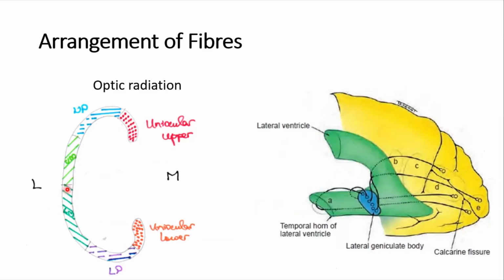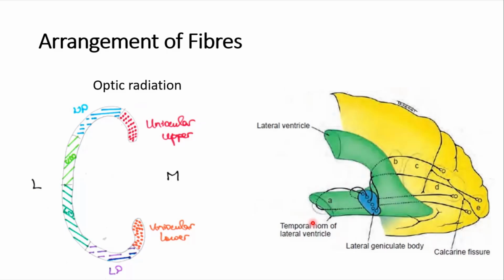The fibers on the lateral side will go anteriorly, around the anterior tip of the temporal horn of the lateral ventricle, through the temporal lobe, and then go to the visual cortex. Whereas those fibers on the medial side of the lateral geniculate body will directly go through the parietal lobe and ultimately reach the occipital cortex.